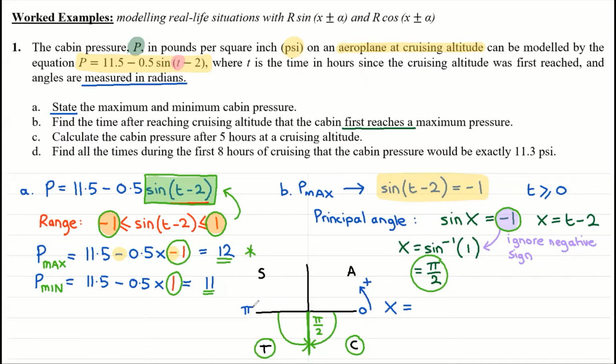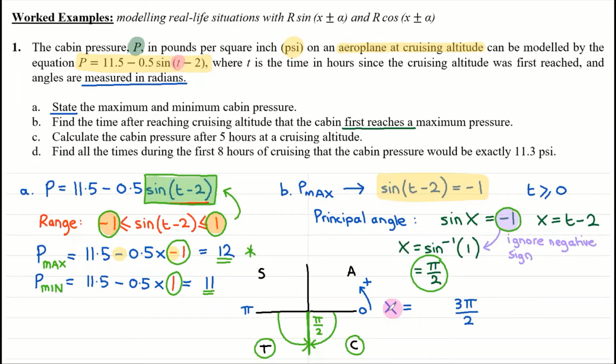I'll put that in as a possible answer, probably the first one if just looking plainly at the CAST diagram. But remember that the X value here is t subtract 2, isn't it?